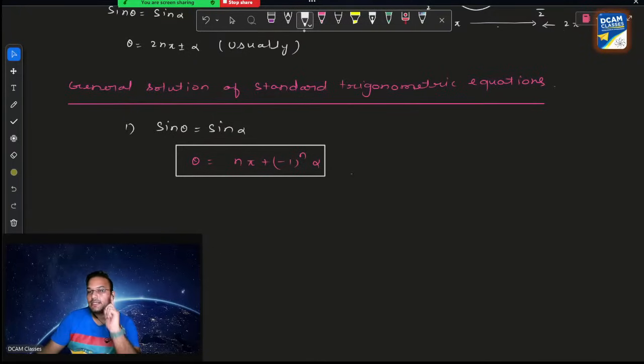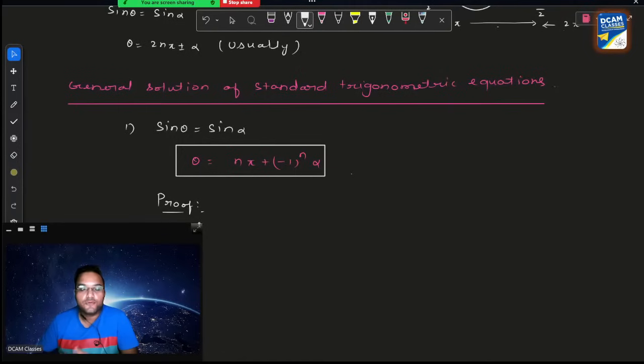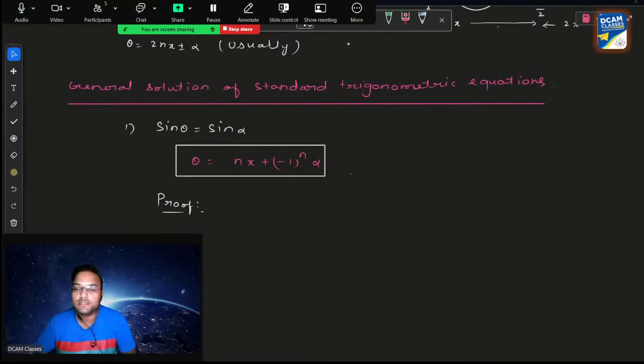Why do we get this kind of answer as a general solution? The proof is actually irrelevant, but just for the sake of explaining you, I'm showing it. It won't help you in solving problems. The only thing that will help you is this general solution that I have given.